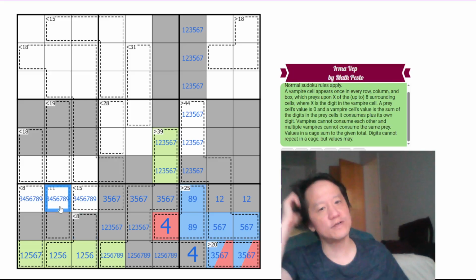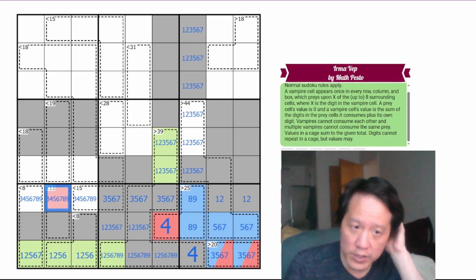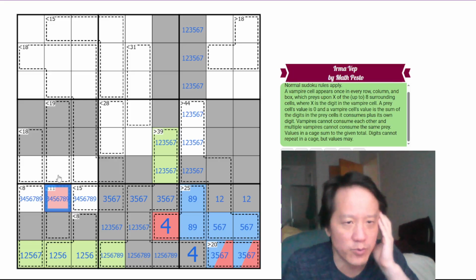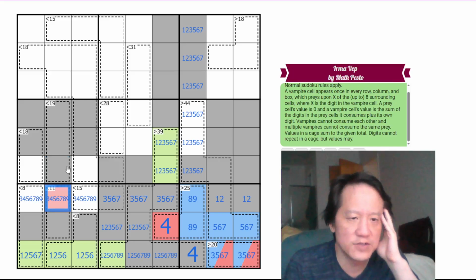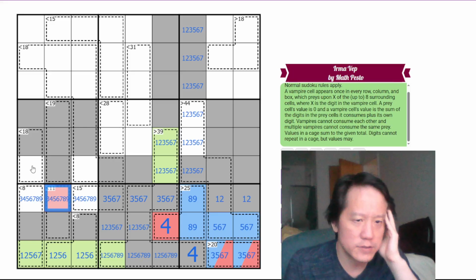Right, so say we had a vampire here, I think this is probably going to prove unavailable. If this is a vampire, this could take the prey from this one, so this would be removed.